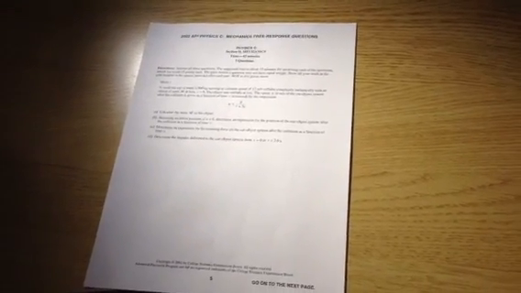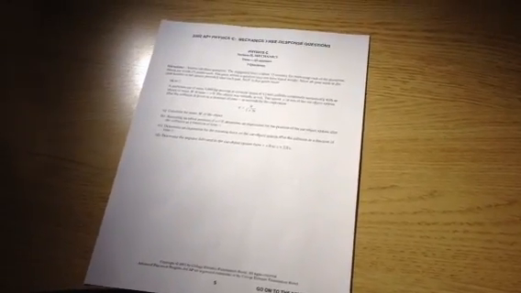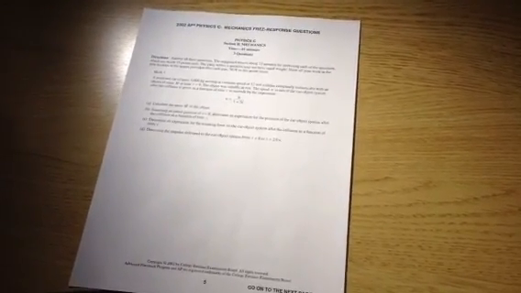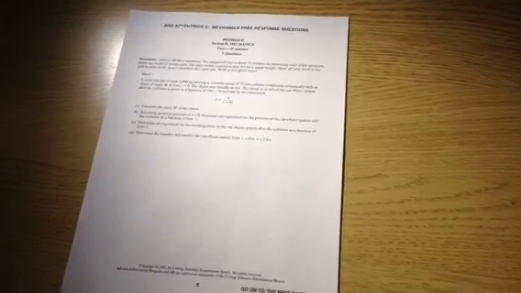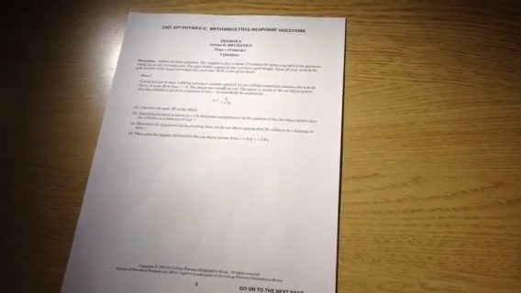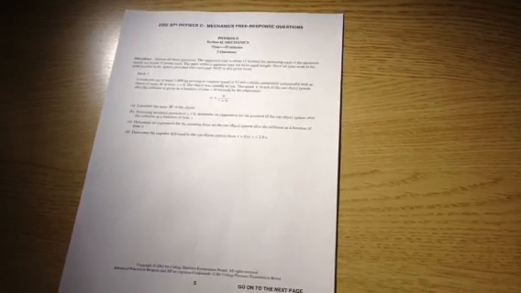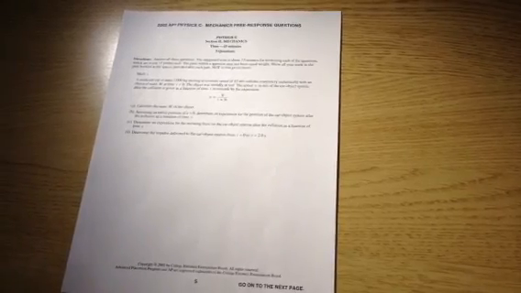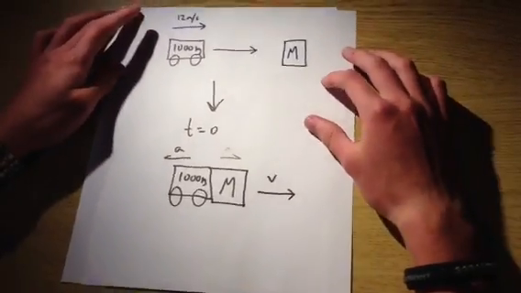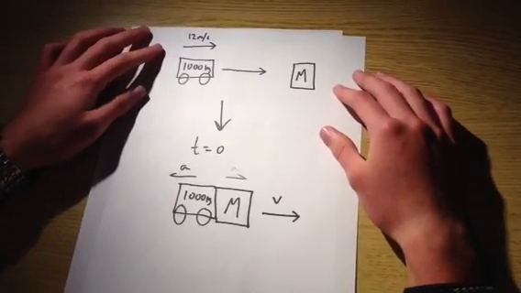The speed v in meters per second of the car object system after the collision is given as a function of t in seconds by the expression v equals 8 over 1 plus 5t. So part A asks us to calculate the mass m of the object, but first here is how the scenario looks.